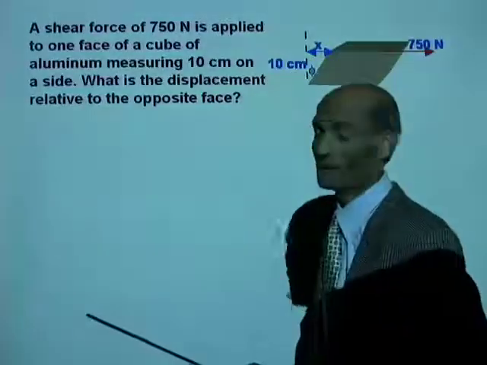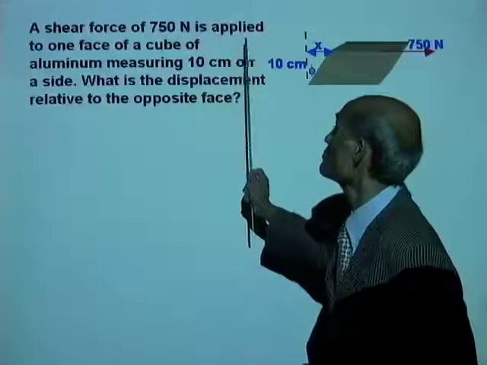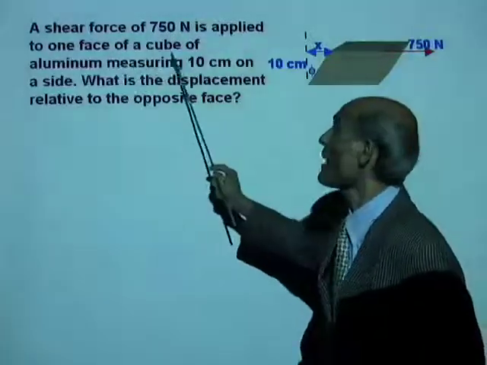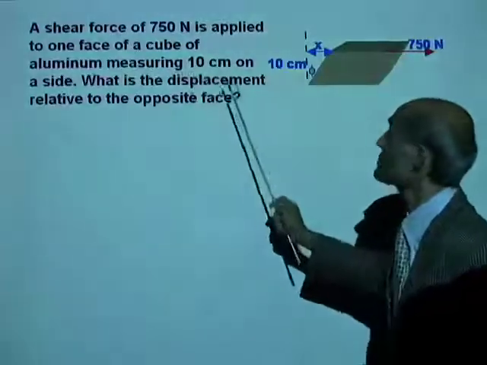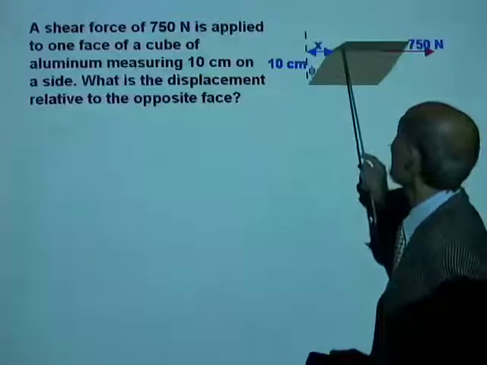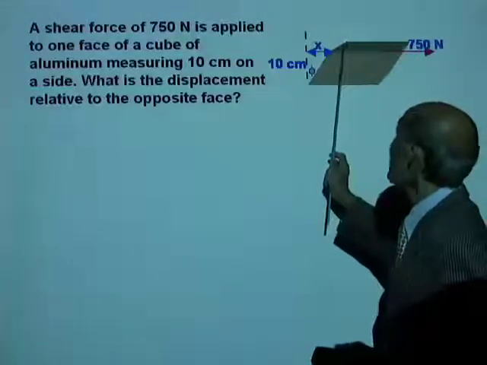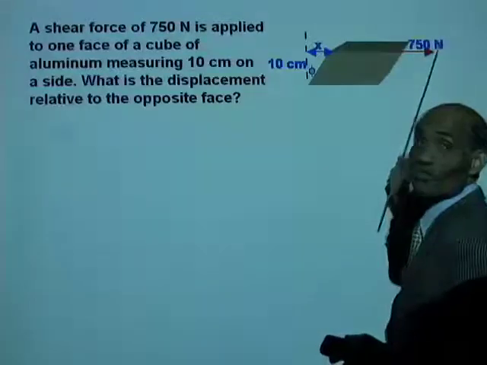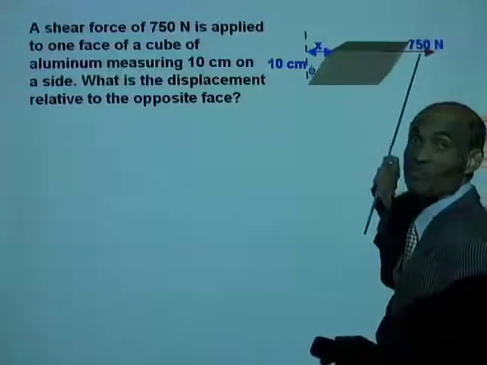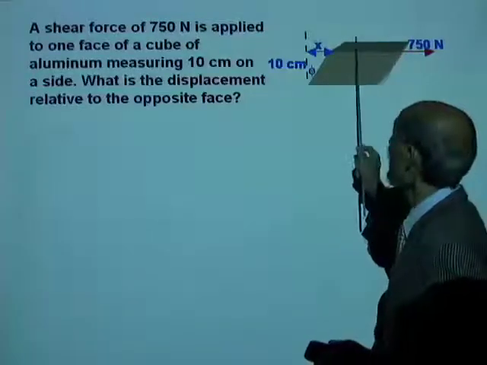Another one. A shear force of 750 Newton is applied to one face of aluminum measuring 10 centimeter on a side. This is an aluminum block, and on the upper surface we apply a force of 750 Newton. And what is the area on which that force is applied?